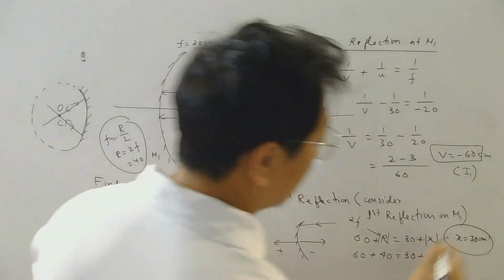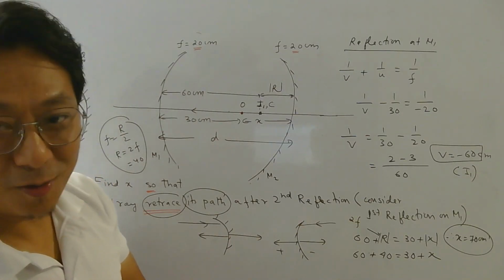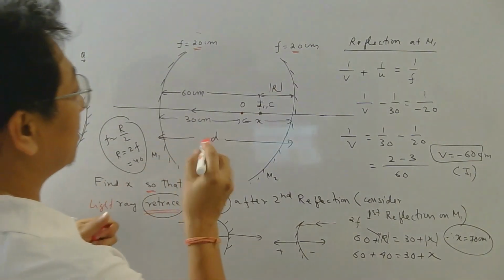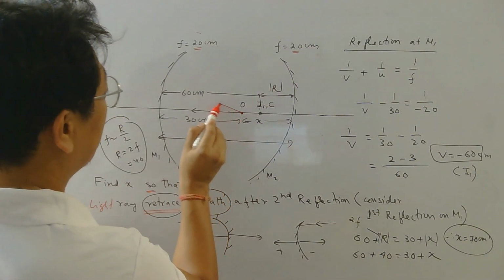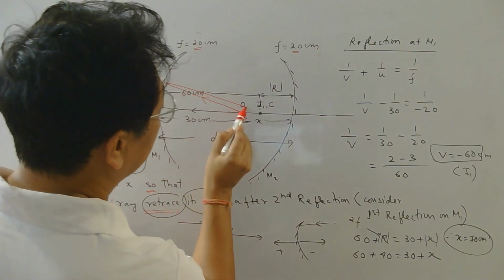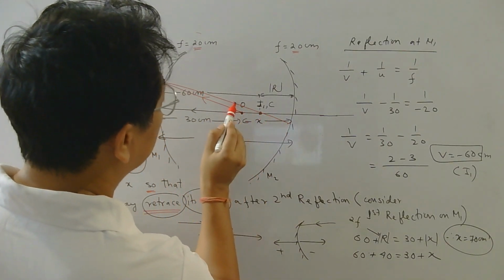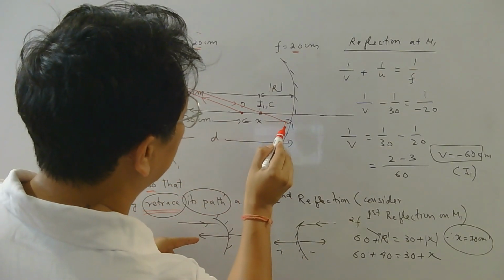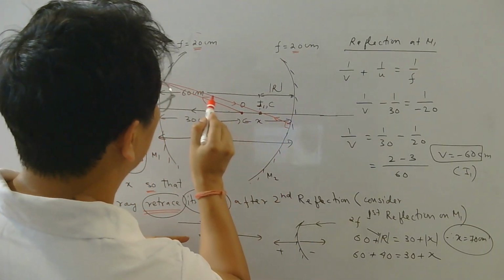Okay. Now, as I told, a ray diagram is not needed, but if you want to see, then it should be something like this. Light going from here will reflect here like this, and since it is passing through the center of curvature of this mirror, this will hit perpendicularly and light will go back.